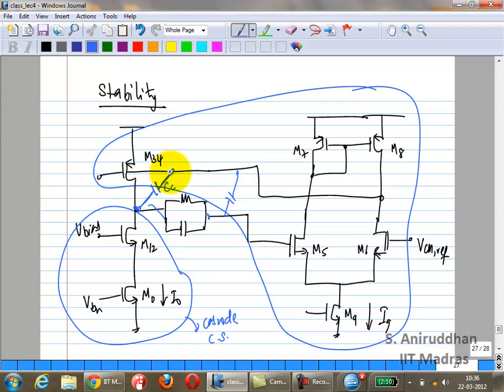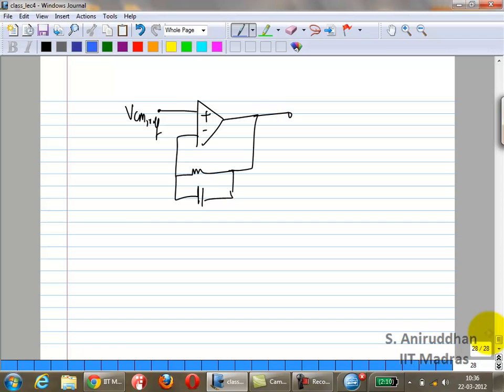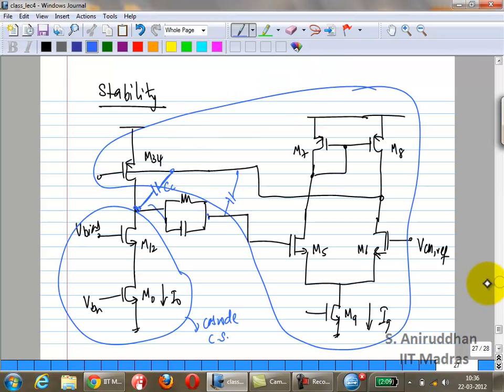What does it look like in the differential picture? Okay. So this is your two-stage op-amp. If you draw an equivalent block level diagram of this, you have a two-stage op-amp, which is the portion done in blue.